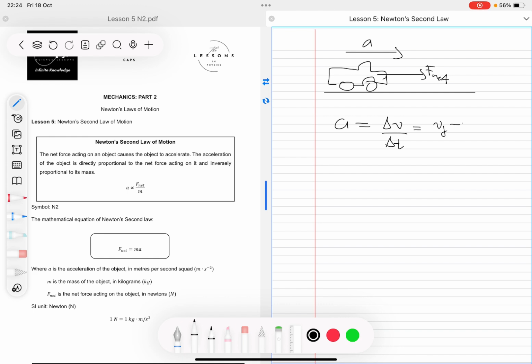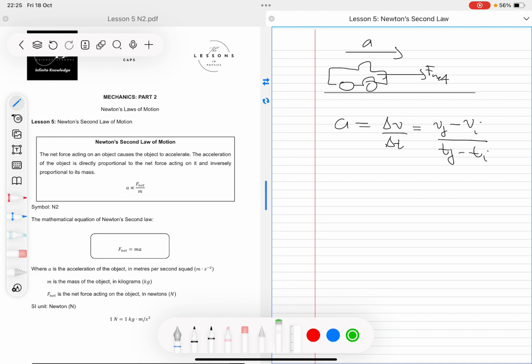That means we look at how the velocity changes from the initial velocity to the final velocity over time. We look at how the object changes its velocity from the initial velocity to the final velocity over time, t final minus t initial.